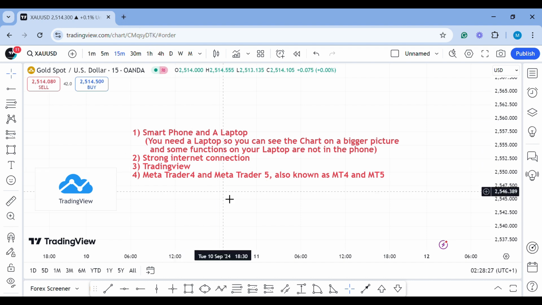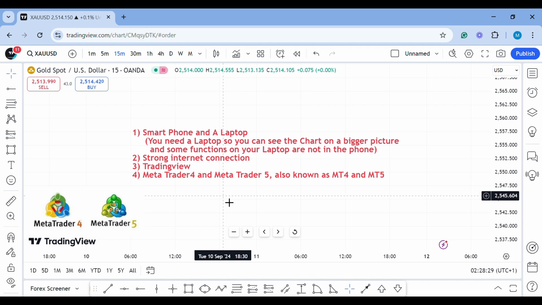Number four is MetaTrader 4 and MetaTrader 5. We also have cTrader and DXtrader, but for now, since you are a beginner, it is best you use MetaTrader 4 and MetaTrader 5. You can download them on your phone, but not on your laptop. Don't just go online to download any regular MT4 or MT5 you see.